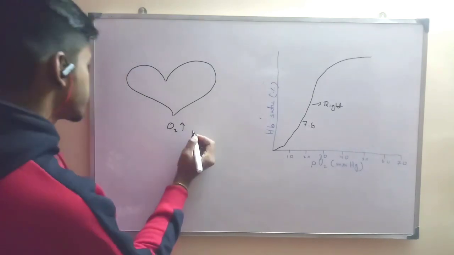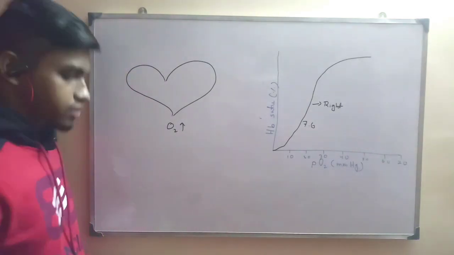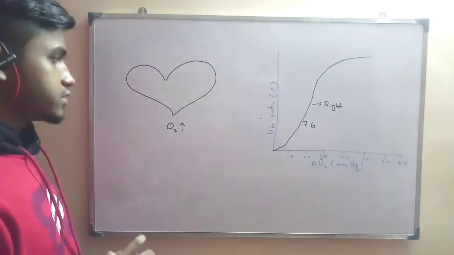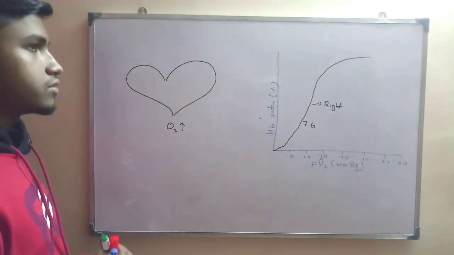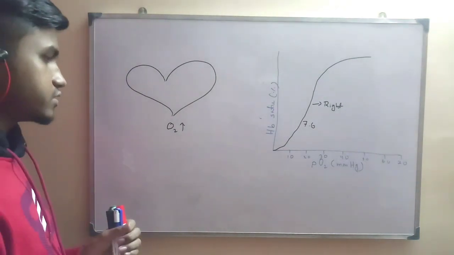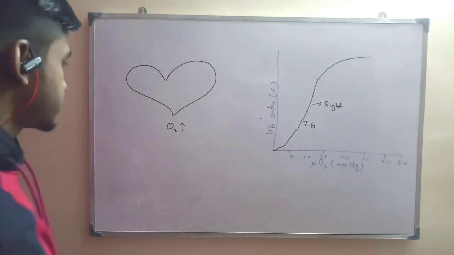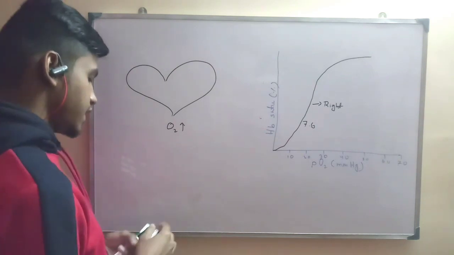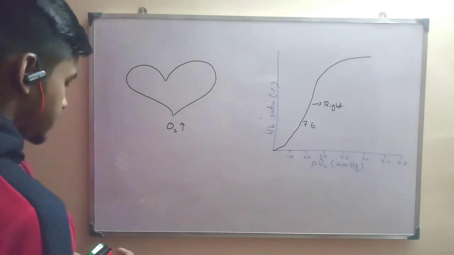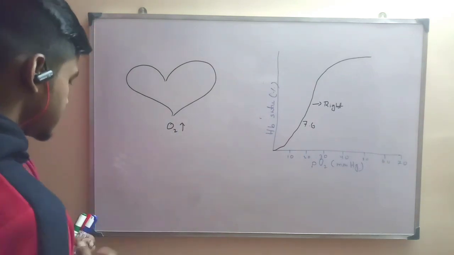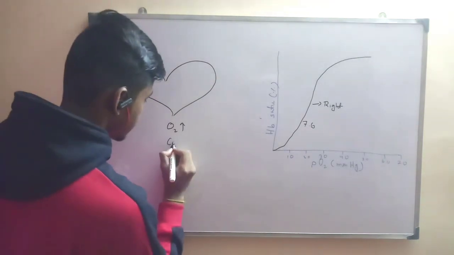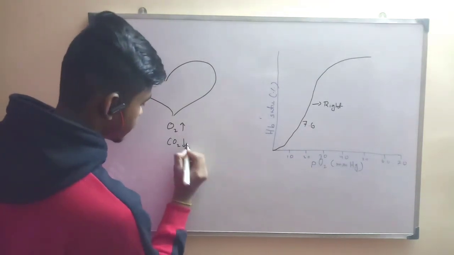Why is it a high level of O2? Because when we breathe, we absorb the oxygen and we store this oxygen in the alveoli. So this is why the level of O2 is high, and the level of CO2 is low.